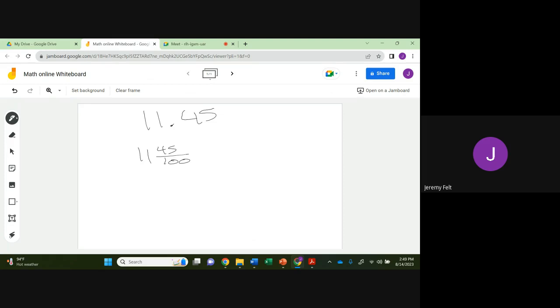It's 45 hundredths. But then we will want to look and see, is there anything we can factor out? I know it ends in 5, ends in 0, so I know 5 goes into both of these. So 9, and then 5 times 20 is 100, so 9/20ths. And nothing else we can reduce out of that, so 11 and 9/20ths.